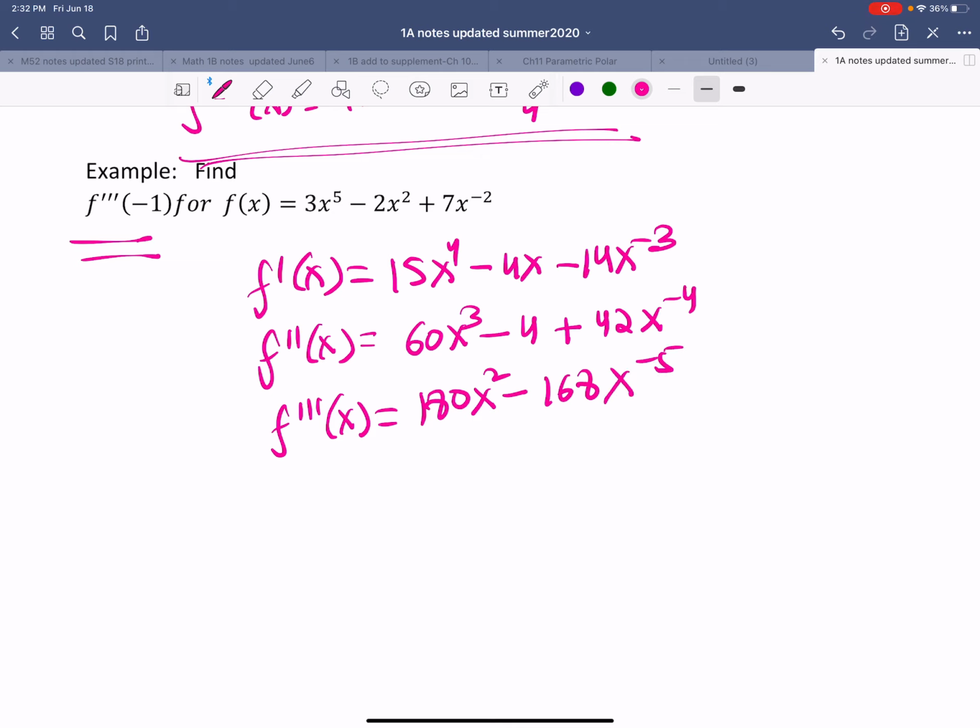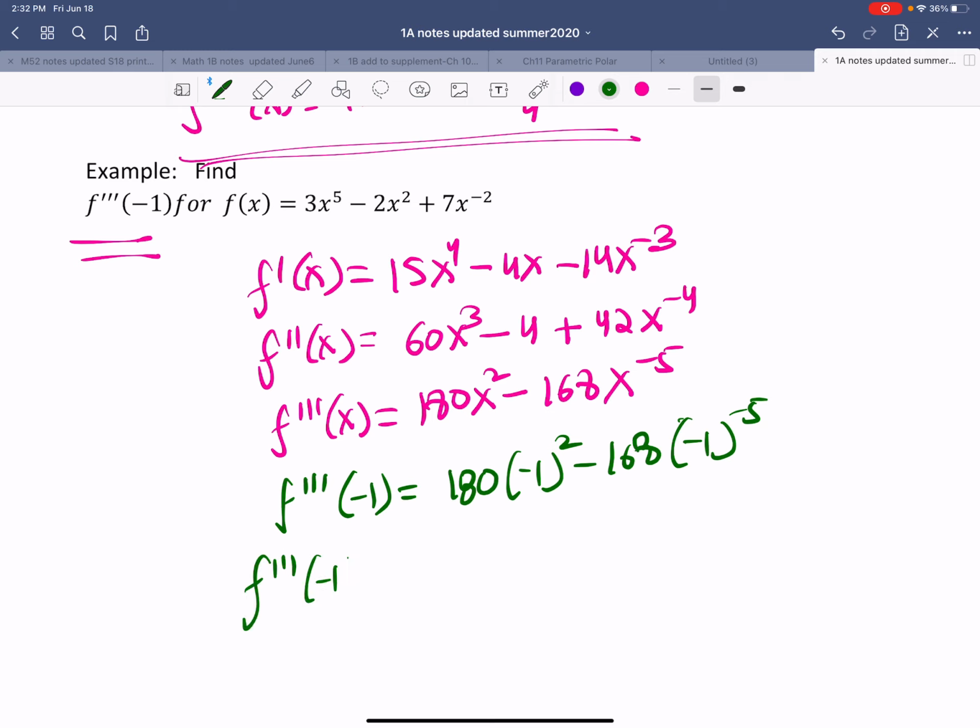All right, so we wanted to evaluate this derivative at negative 1. So I'm going to replace every single x by negative 1 and see what that gives me. Negative 1 squared is 1, so it is 180, minus 168 times 1 over negative 1 to the fifth power, which would be negative 1.